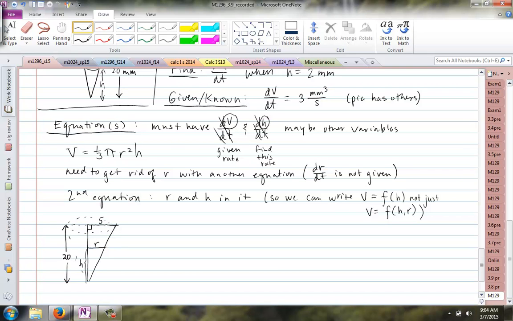And so how can we relate these in an equation? Well, you might notice that we do have similar triangles here. And so we can set up a proportion that relates r and h and the constraints of the dimensions of the cone.